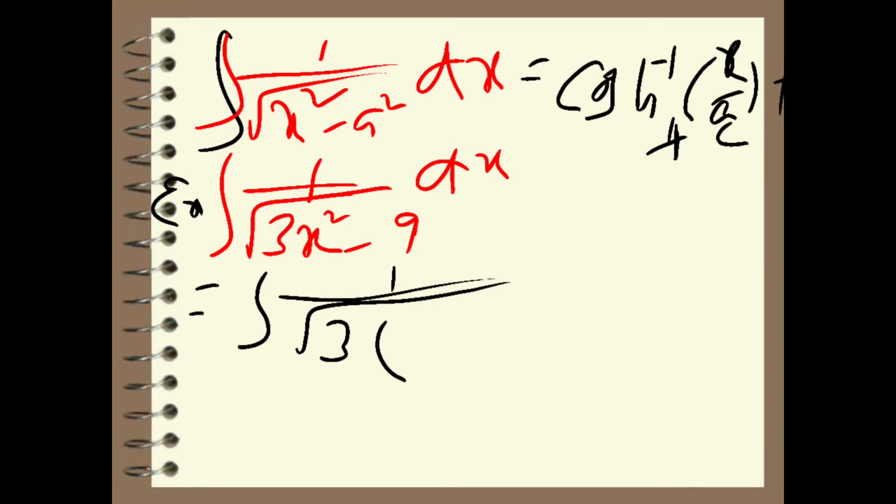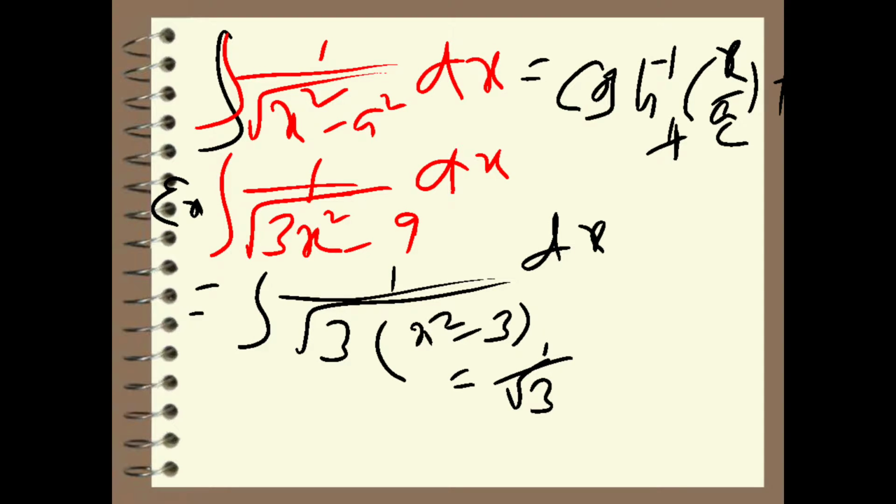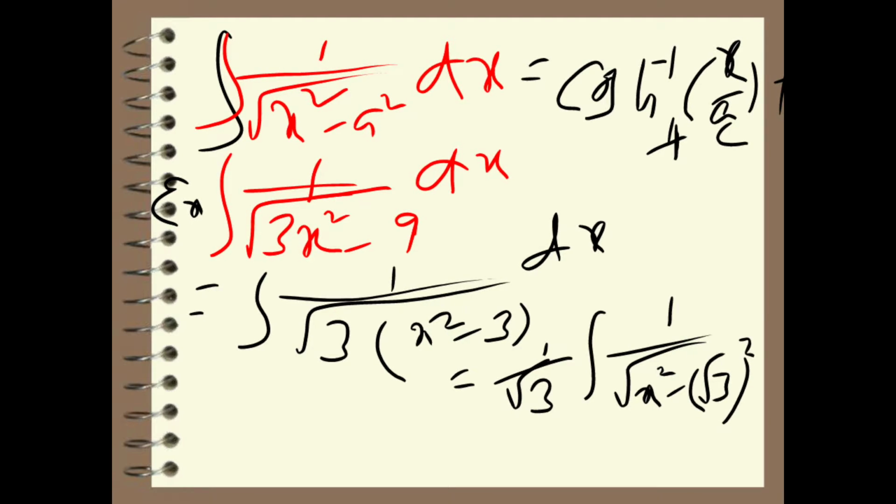So you can take common 3 from this expression. Then 3 times x square minus 9, into dx. Now here root 3 is a constant. So taking 1 by root 3 out, we have 1 by root x square minus root 3 whole square into dx. Is it clear up to now?